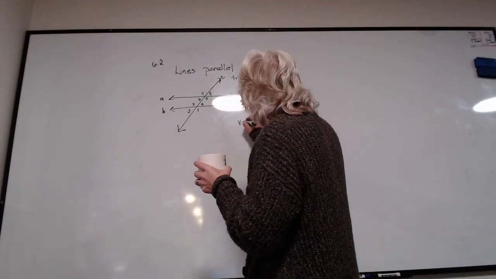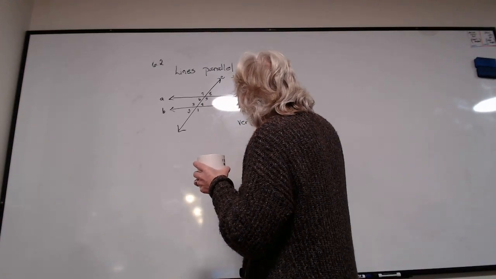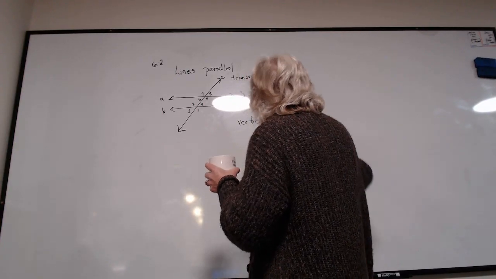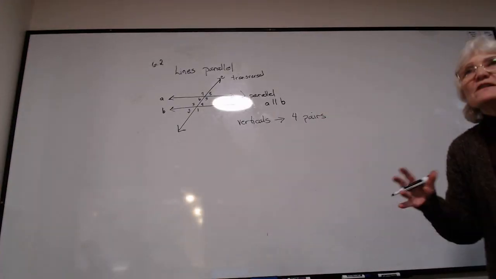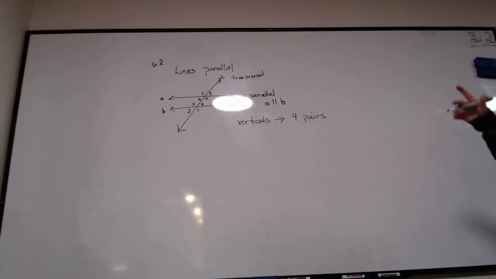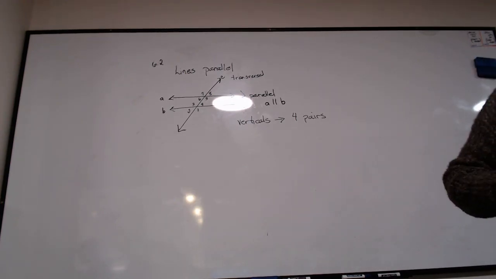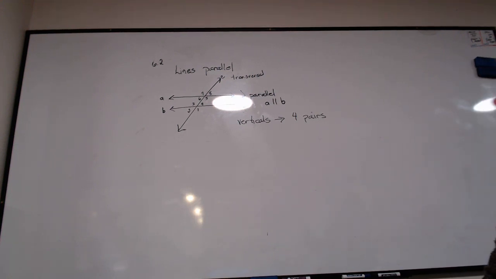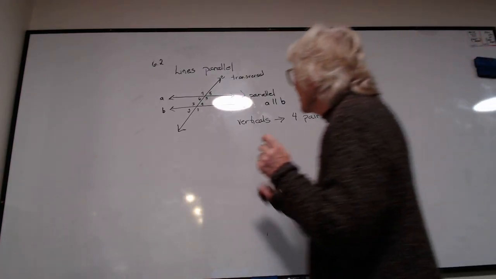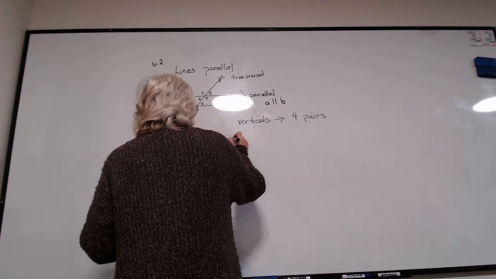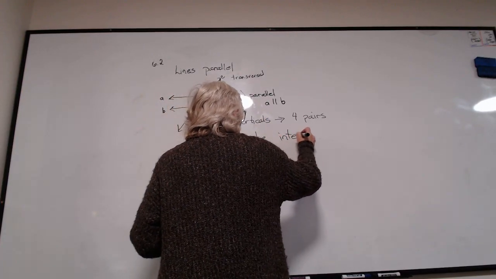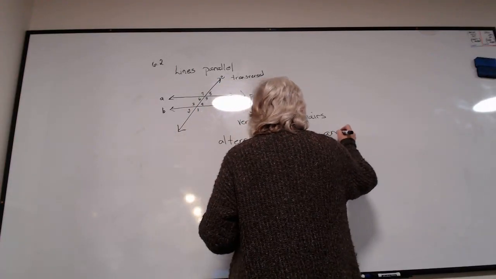So one thing is vertical angles. In this situation, you have 4 pairs. So that's one thing to remember. This actually helps us figure out which angles are equal to each other. There are 3 different kinds of angles. One is called alternate interior angles.